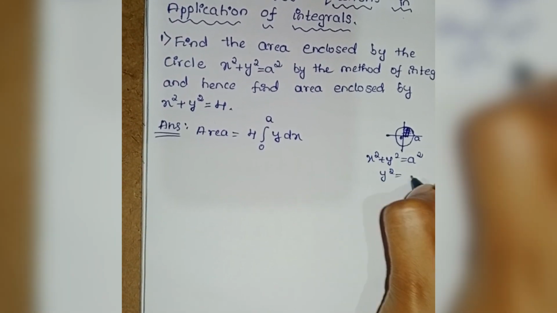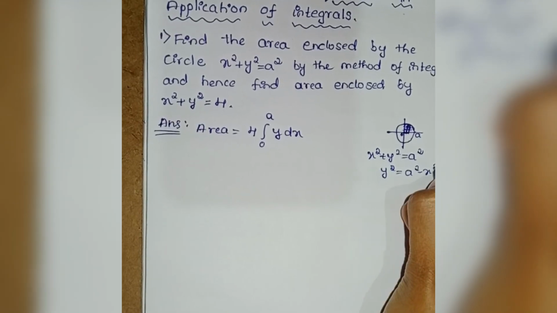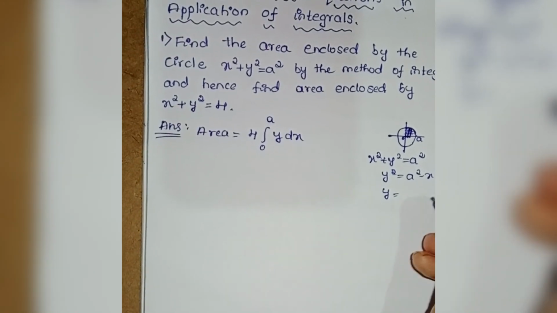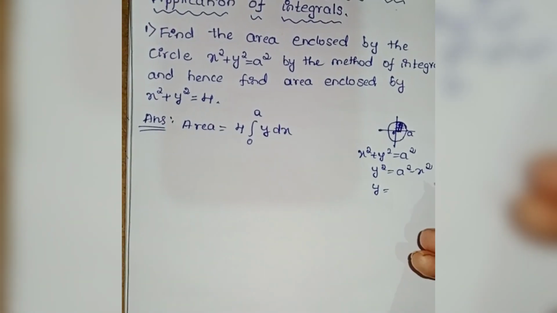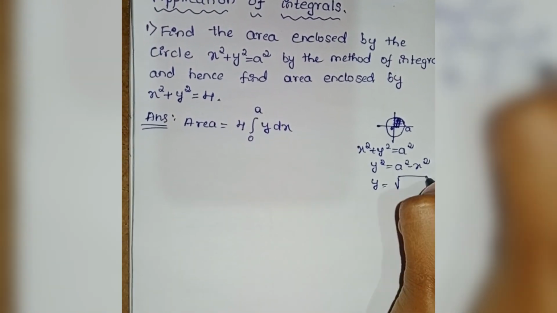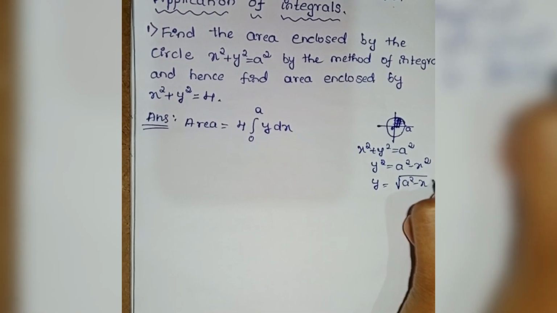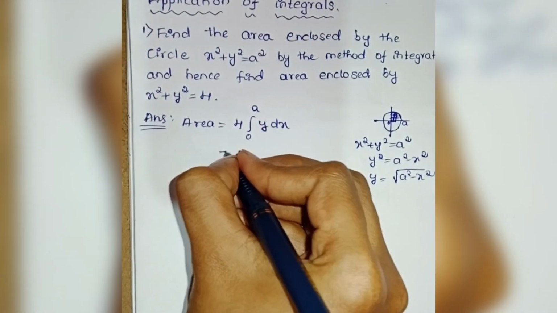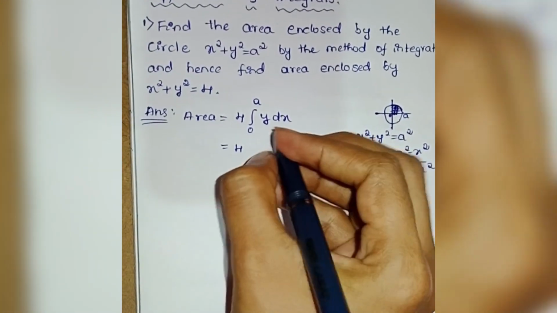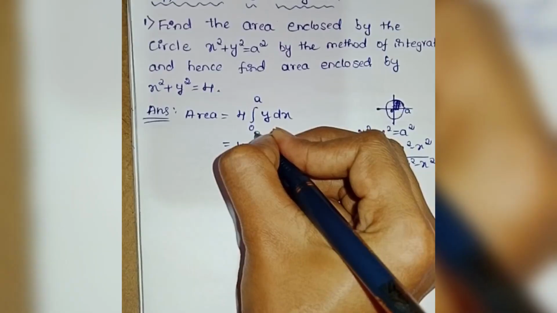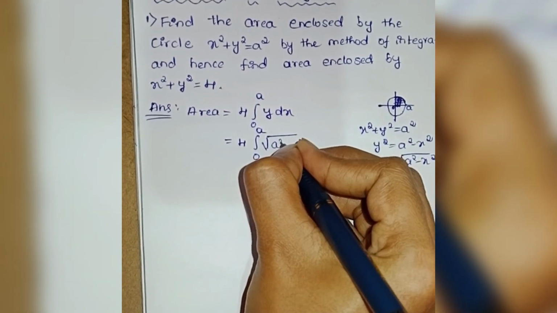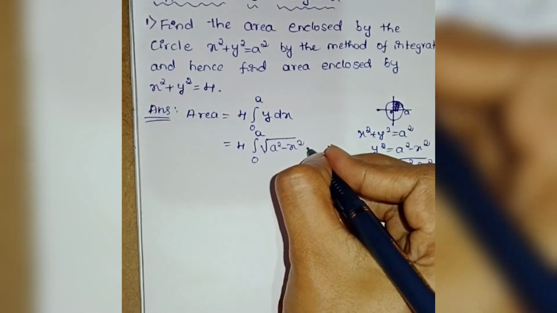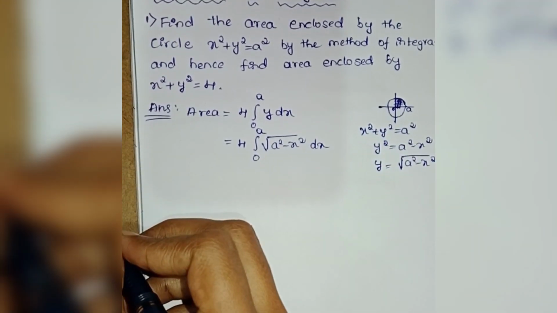Y square is equal to a square minus x square. Y is equal to plus or minus root of a square minus x square. So ignore the negative sign, consider the positive value, that is root of a square minus x square. Substitute here: 4 times integration from 0 to a, what is y? Square root of a square minus x square, with respect to x, that is dx.